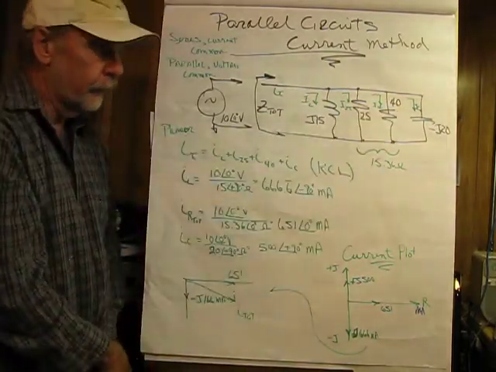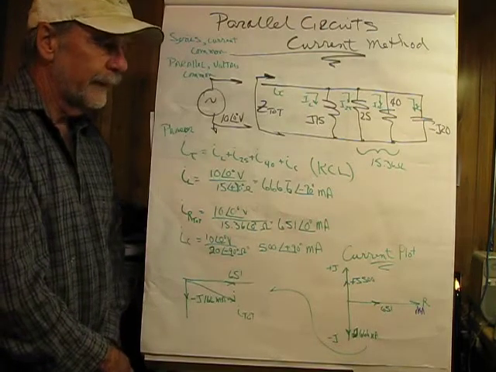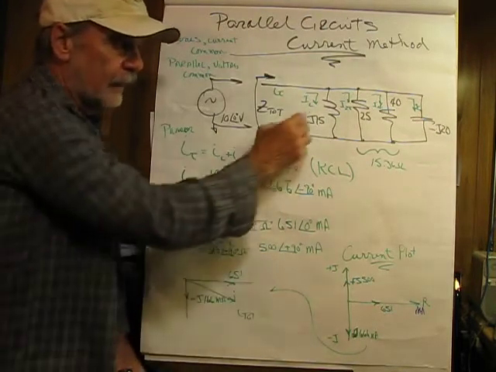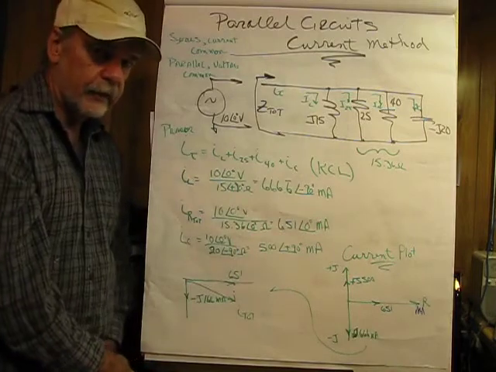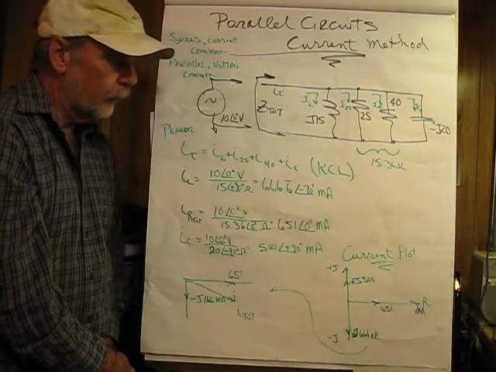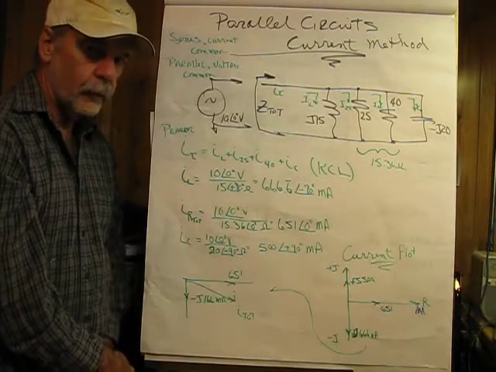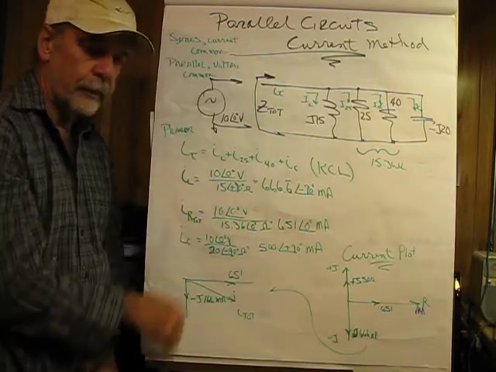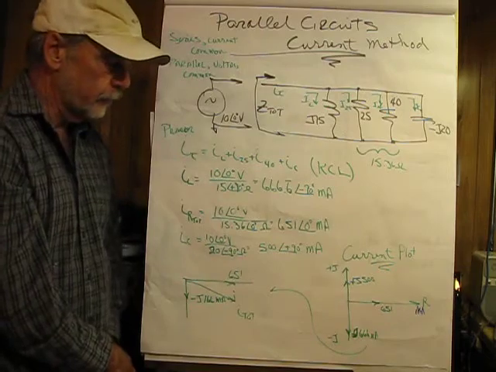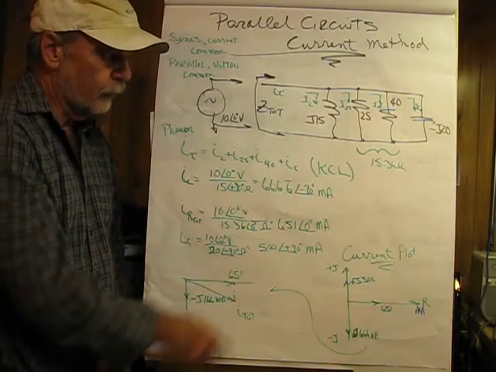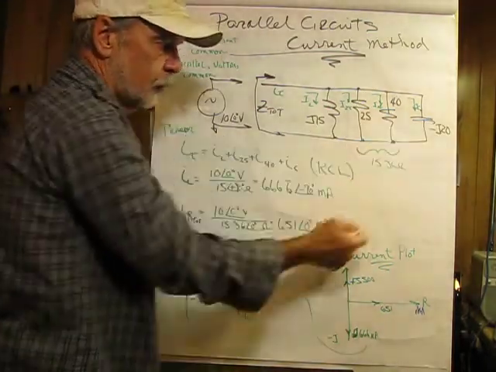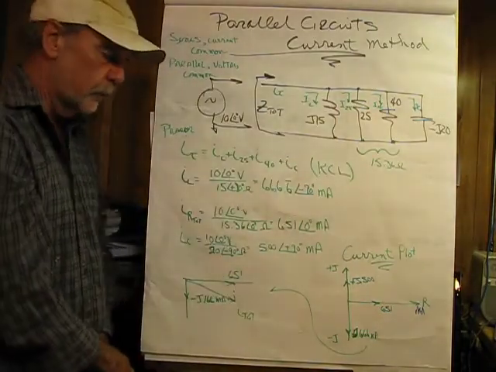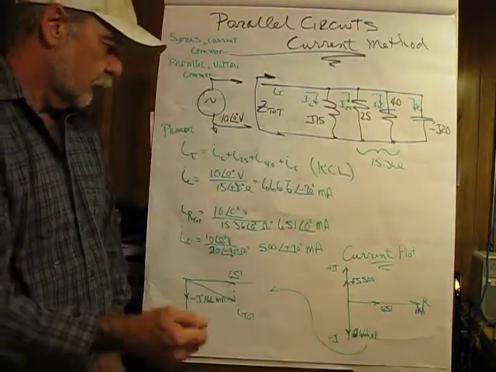Therefore, the inductor per se will dominate the circuit, and when we combine these parts together, it'll have an inductor flavor. Now in a series circuit, the opposite is true. The one with the highest reactance determines whether it's going to be an inductive or a capacitive circuit. So we can tell right now from the j15 versus the negative j20 that more current is going to be flowing through L. So let's go find the currents then.